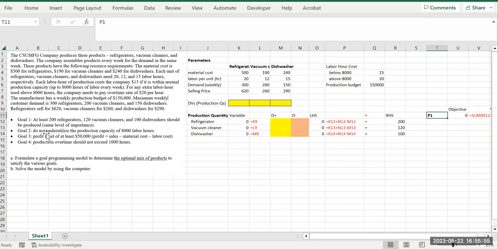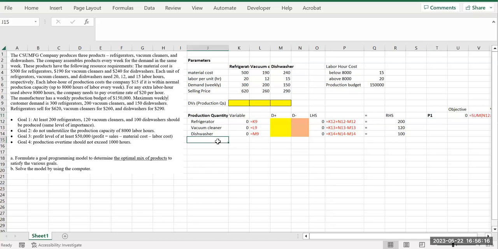Goal 2, do not underutilize the production capacity of 8,000 labor hours. So what we want to avoid here is the amount of underutilization. We want to make sure that we use up the labor hours that we have available, the 8,000 hours.